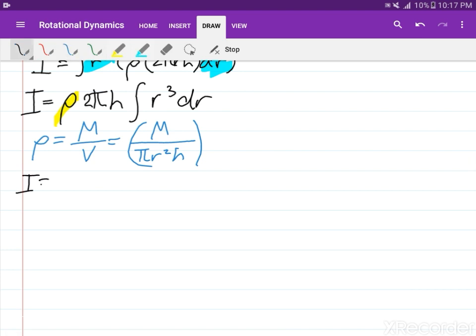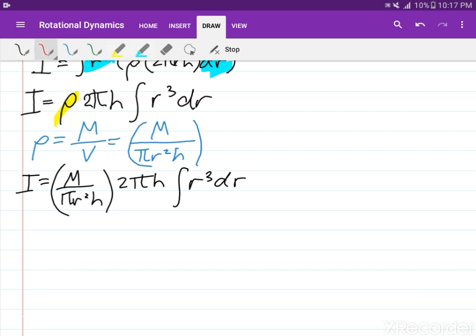Now we have M over pi r squared h times 2 pi h times the integral of r cubed dr. Let's see what we can cancel. We have a pi and h here.